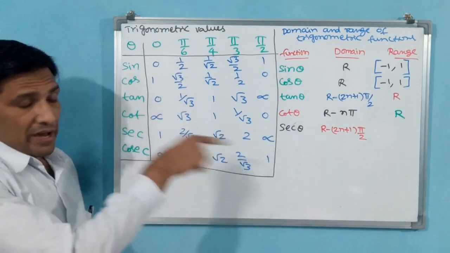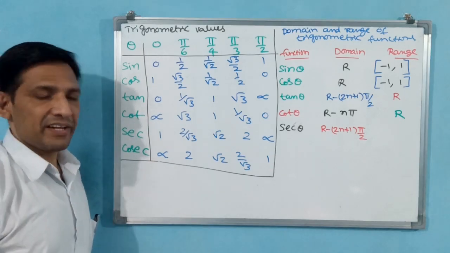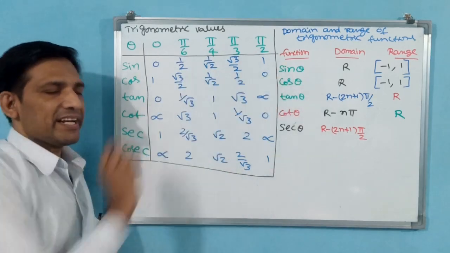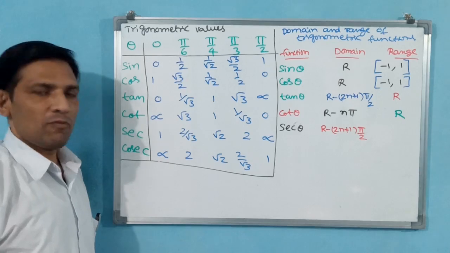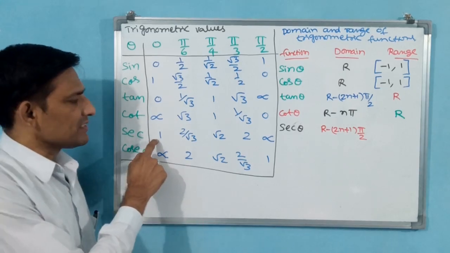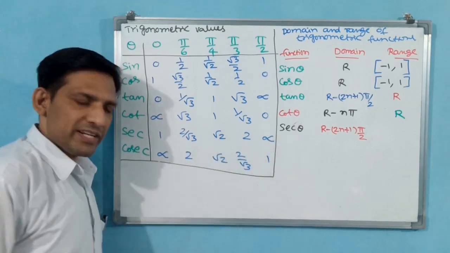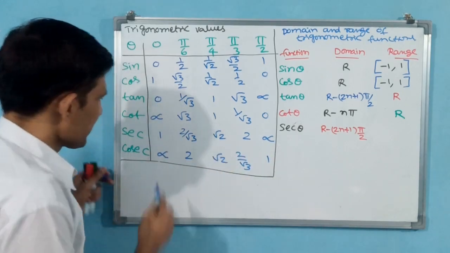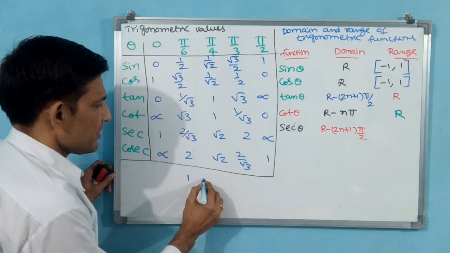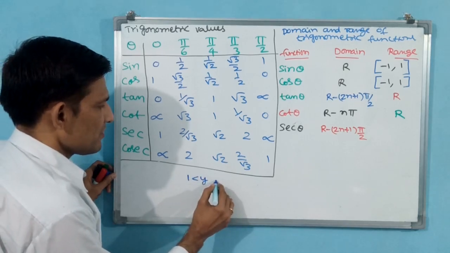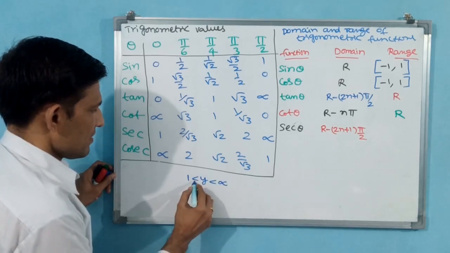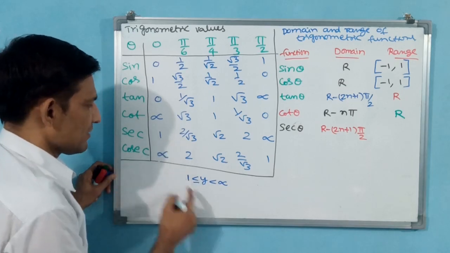Observe carefully here. Some tricky range will come. We take range as y. You observe here, for secant theta, 1 to infinity and minus 1 to infinity are going to come. 1 to infinity, y from 1 to infinity, 1 is coming, yes, 1 has come.